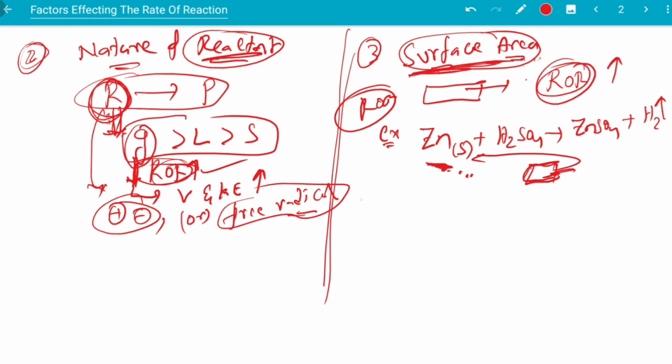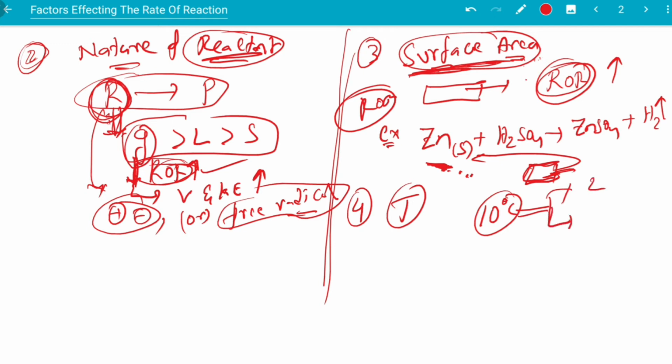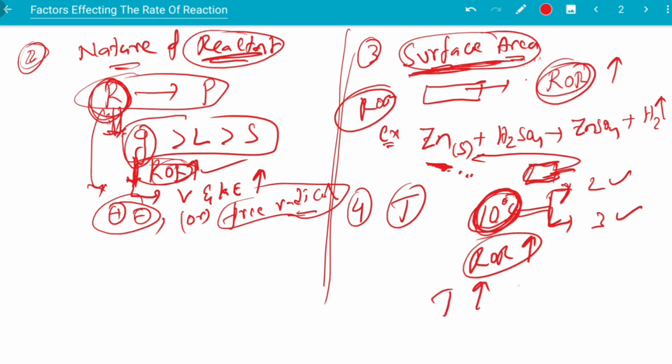And then the fourth factor is temperature. If the temperature of any reaction is increased by 10 degrees centigrade, its rate will be doubled or tripled, depending on the nature of the reaction. Temperature increase means the rate of reaction will be more.